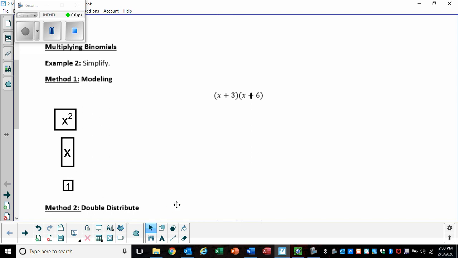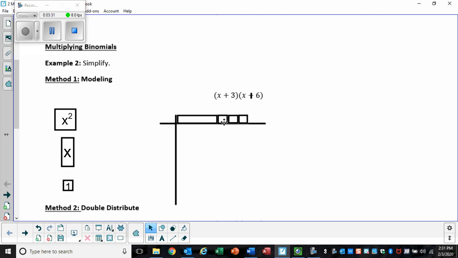Okay? So, what we do is we create this little chart, and instead of using numbers, we're going to use little shapes. So, on the top, I'm going to do x plus 3, which means I'm going to have 1 rectangle, because I only have 1 x, and 3 ones, because I have a 3 here. So, I have a rectangle and 3 ones to represent the x plus 3.